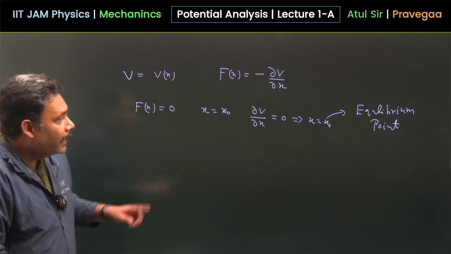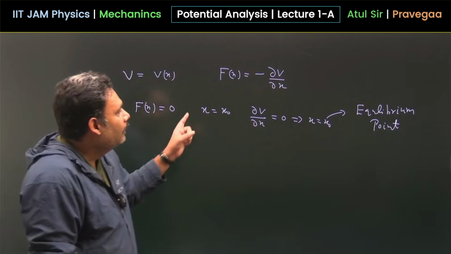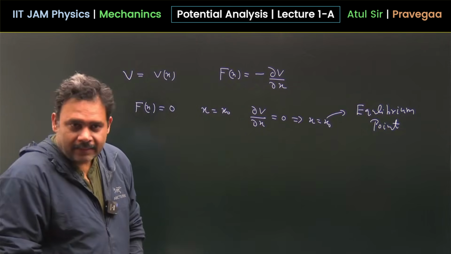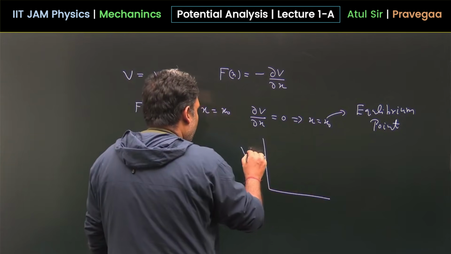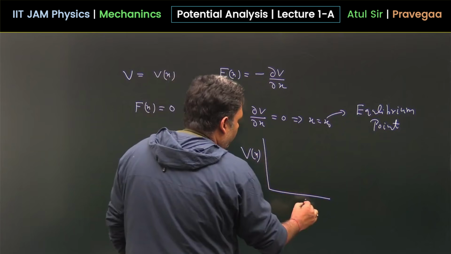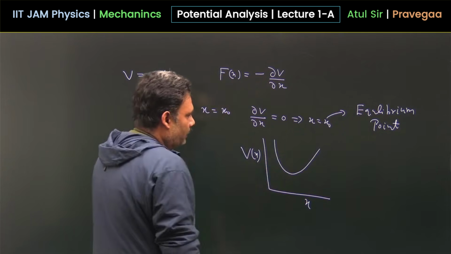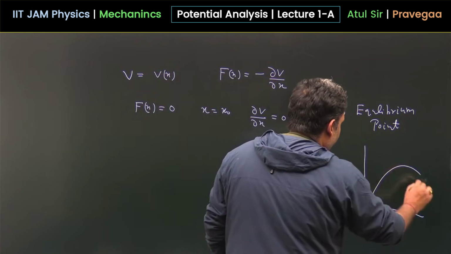And if I am talking about an equilibrium point, mathematically this can be either maxima or minima. Yes? If you plot Vx versus x, then there can be two types of consideration. One consideration is like this and another is like that.